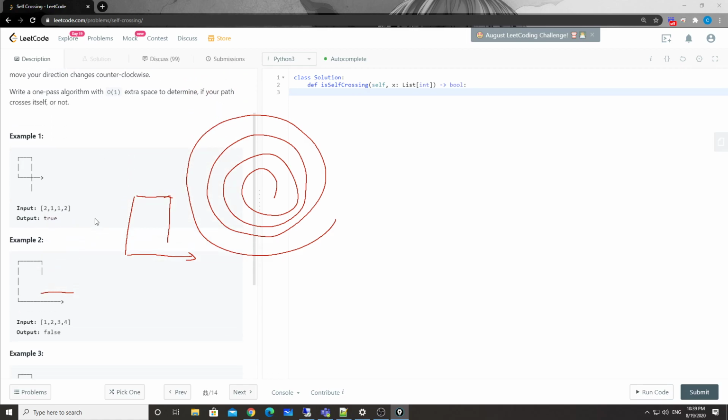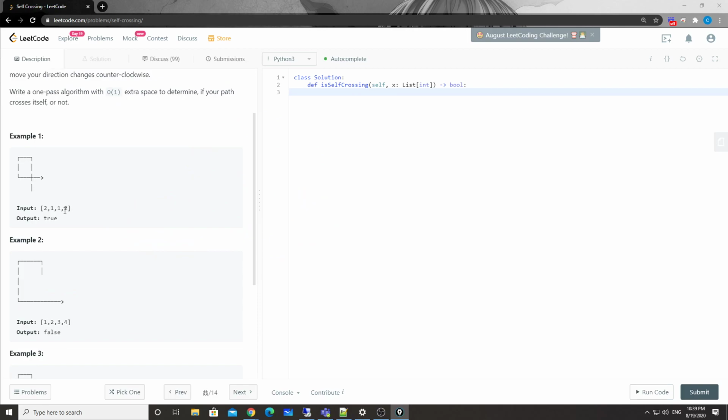Here it gives you a few examples. For example, in this one we go up by length two, then we go left by one, down by one, and then right by two. So here is the self-crossing.